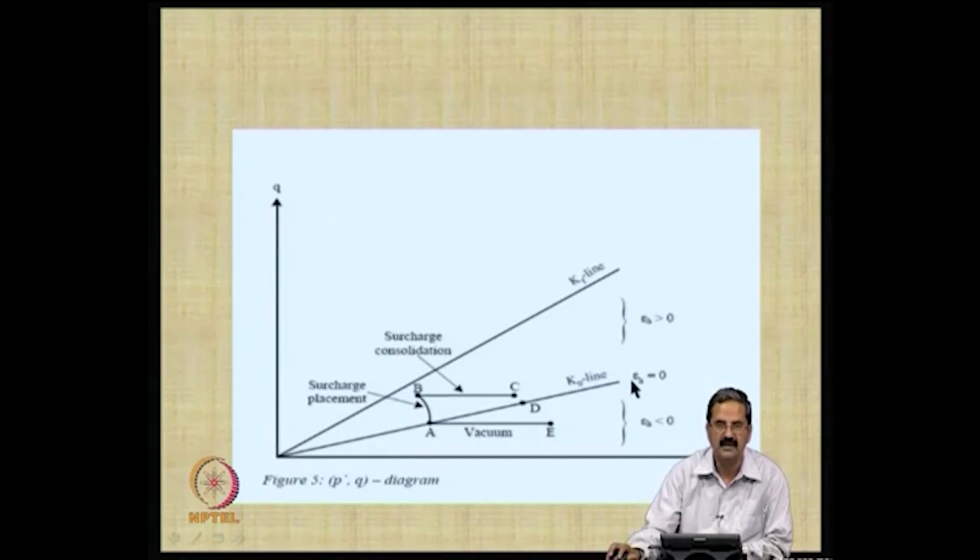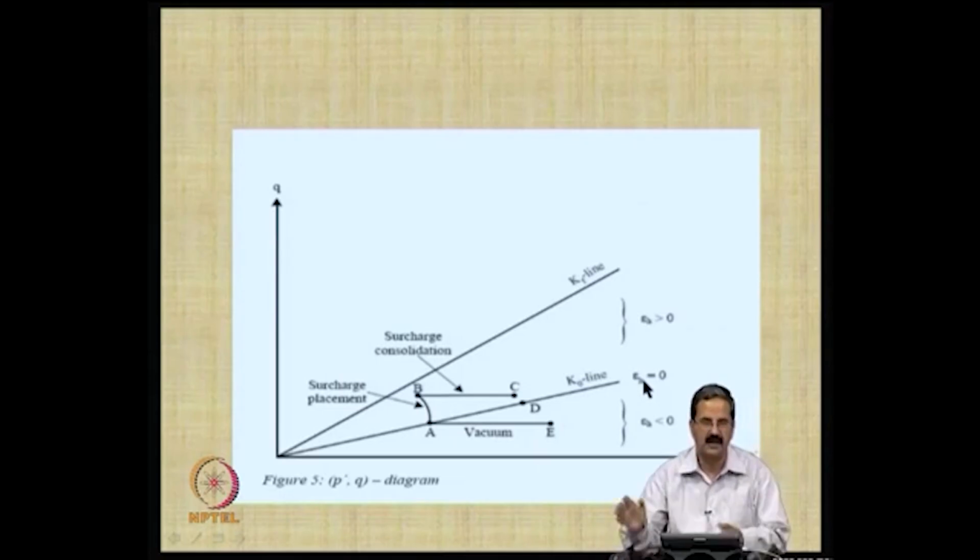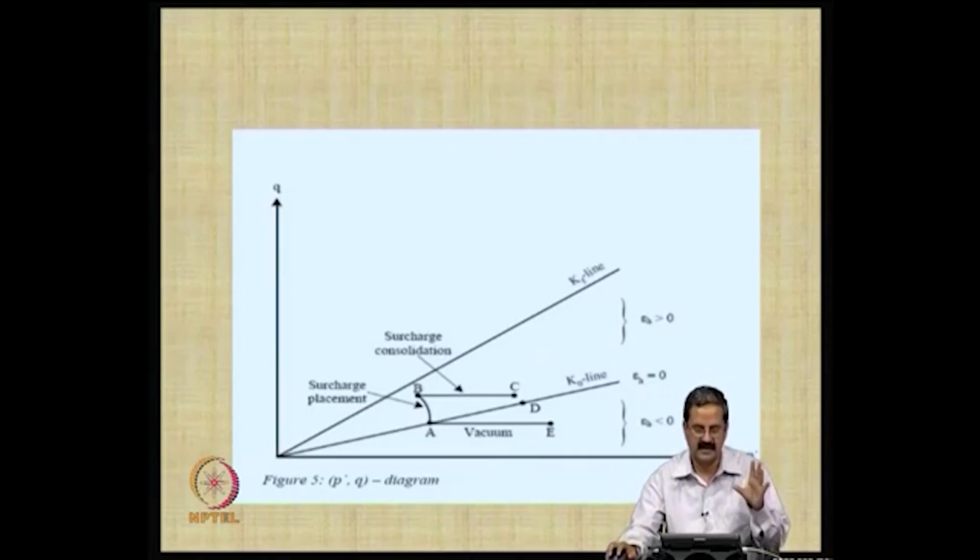K naught line means along this line K naught conditions prevail, which means that there is no horizontal strain, right. The earth pressure is at rest.